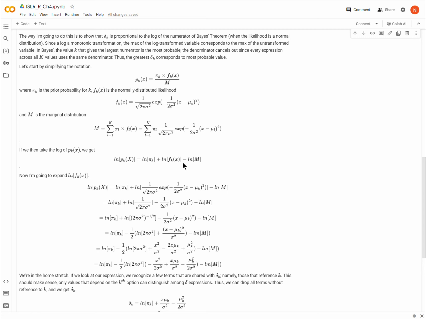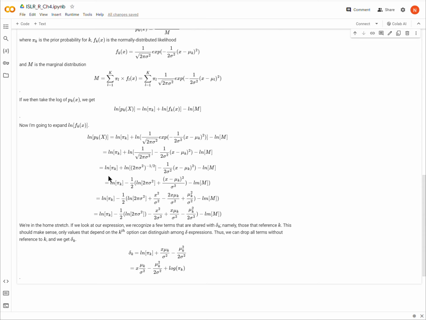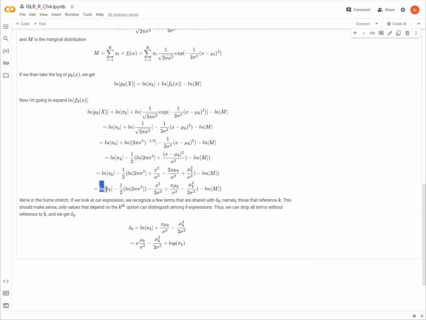Then we need to go about expanding this middle term here. We're not going to do much with this term because it's not going to matter. But I'm going to expand the log of the likelihood, and that's what all of this is doing here. You can walk through the steps yourself, but in the end, what we get is this expression right here at the bottom.